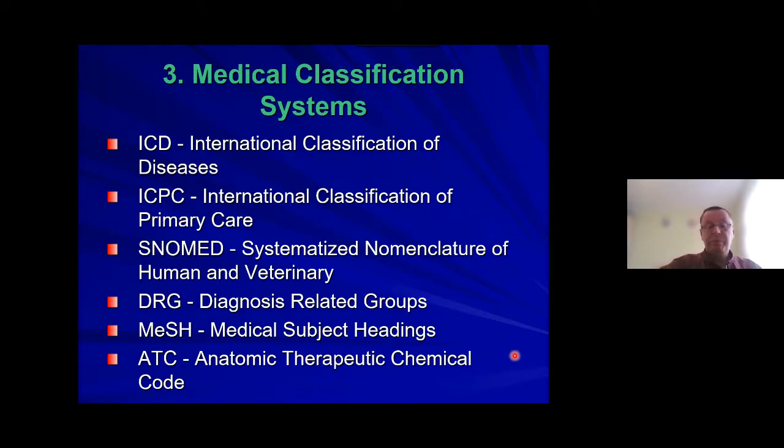But right now, just a brief overview, and I provide the introduction about how classification systems developed, because that question is covered under information science. Okay: ICD, ICPC, SNOMED, DRG, MeSH, and ATC.